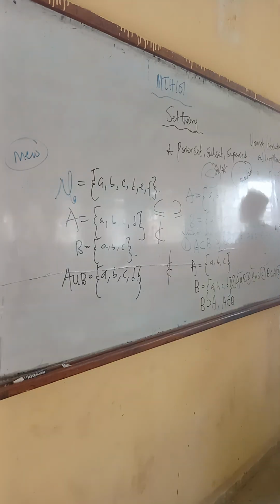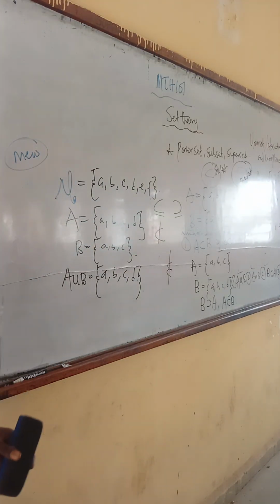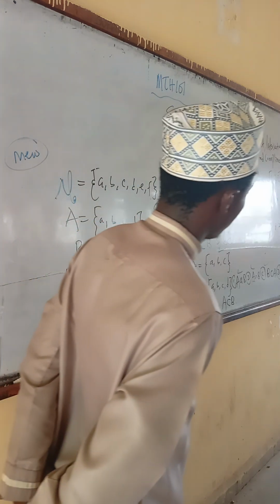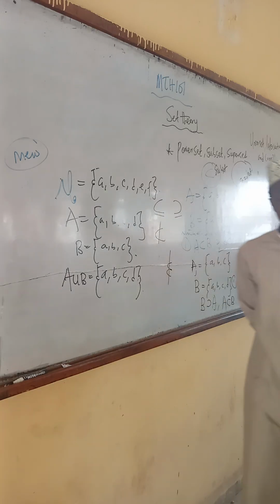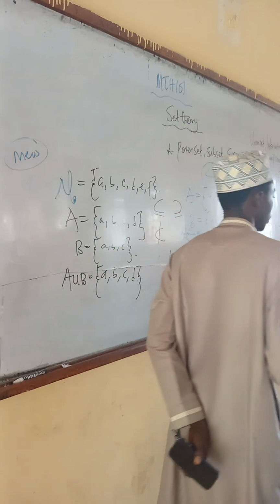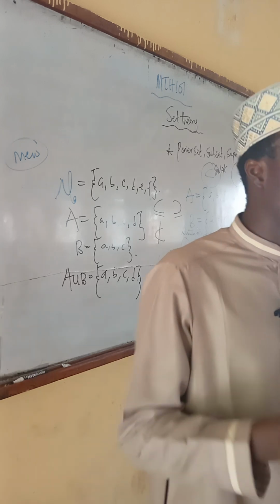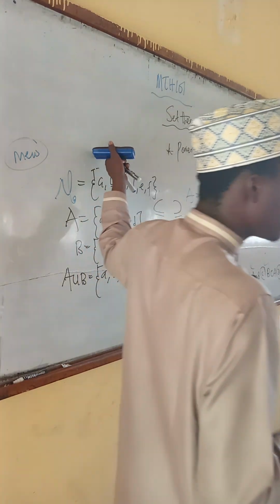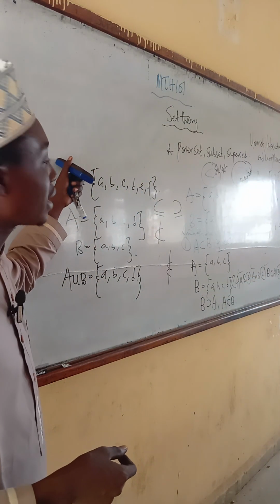Complement of a set. This is defined as the members or elements that are in the universal set.